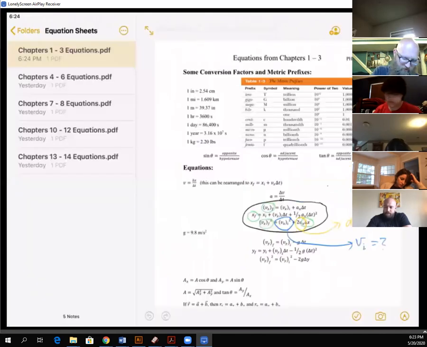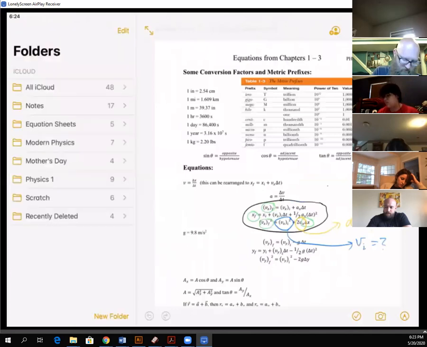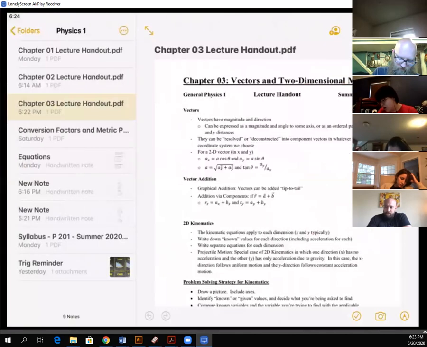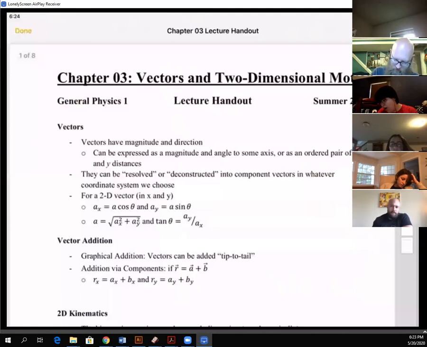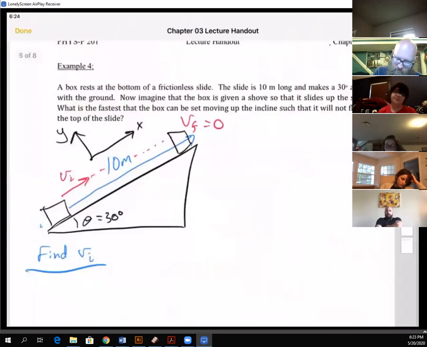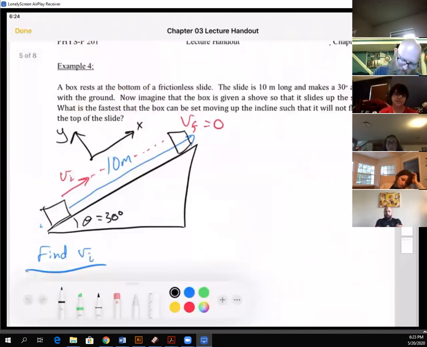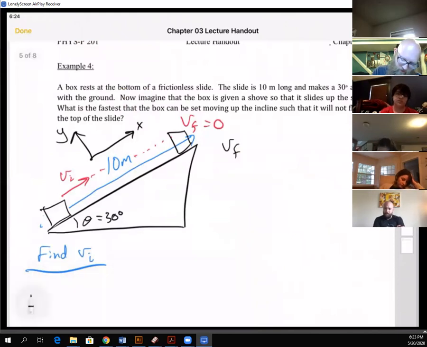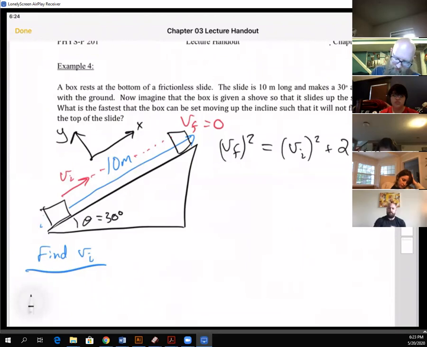So let's go back here. Okay. So the equation that we had there was v final squared equals v initial squared plus 2a delta x.